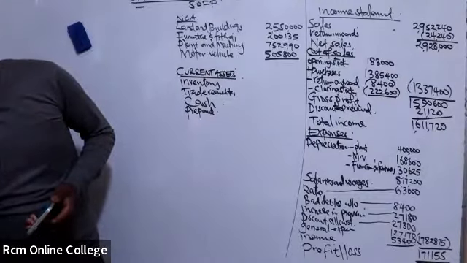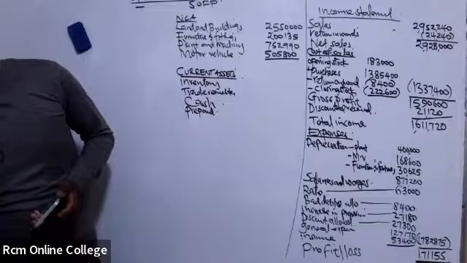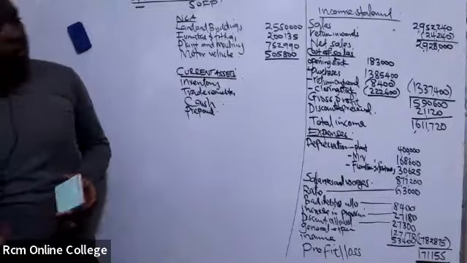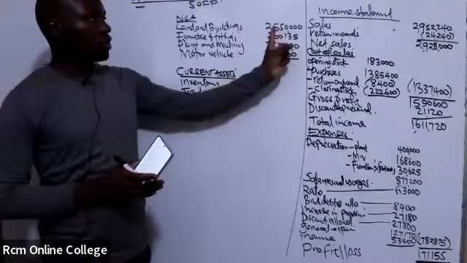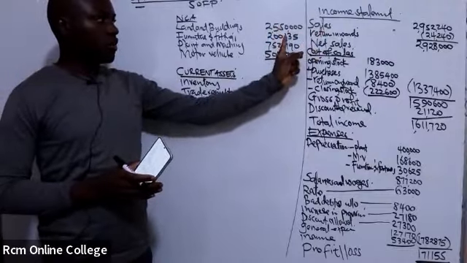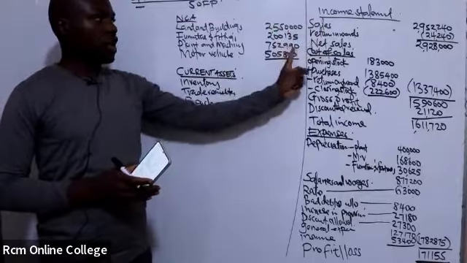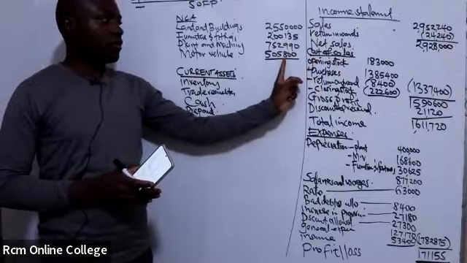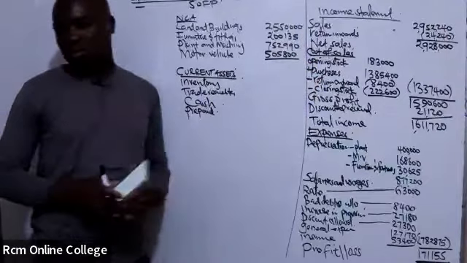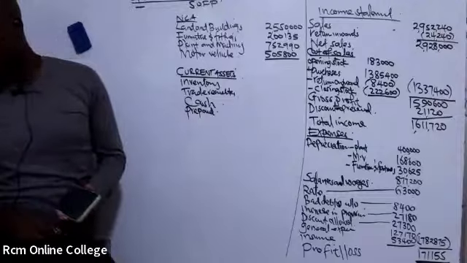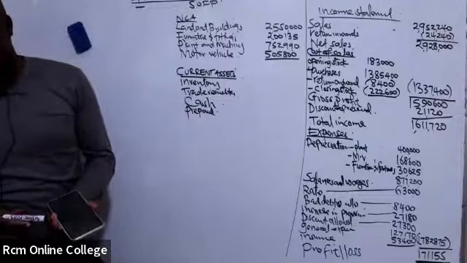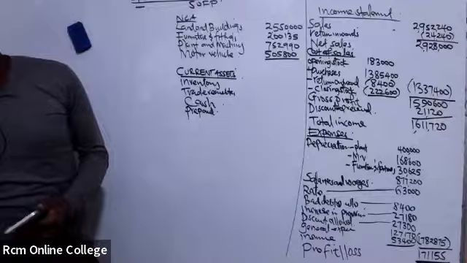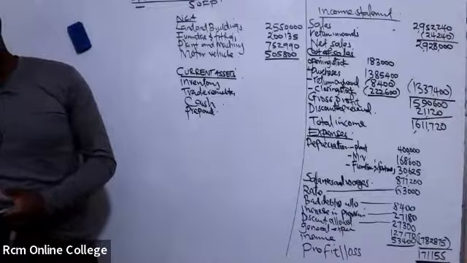Why are we getting different figures? Ruth and Mercy are getting different answers. Let's add all of them: 2,550,000, 200,135, 752,990, 545,800. When you add all of them, the third person should be able to give us the answer to confirm between Mercy and Ruth who is right.